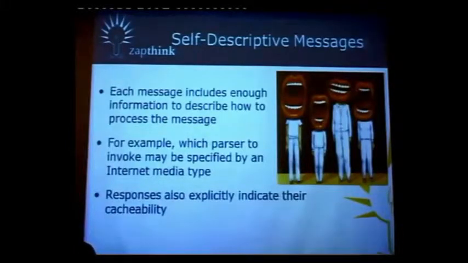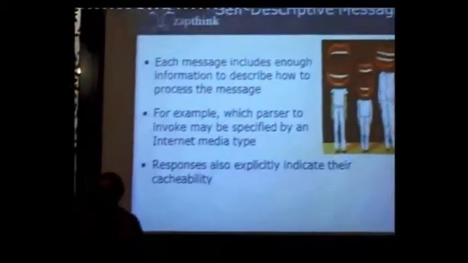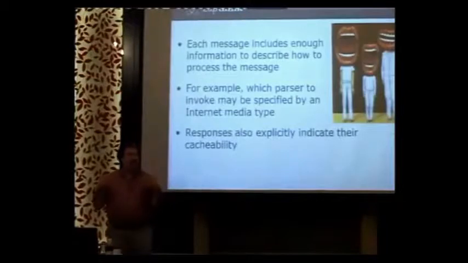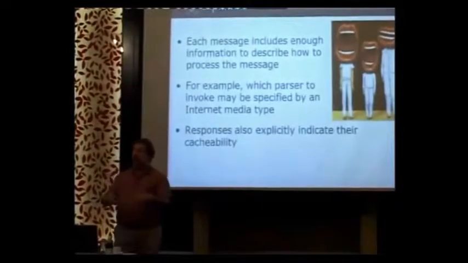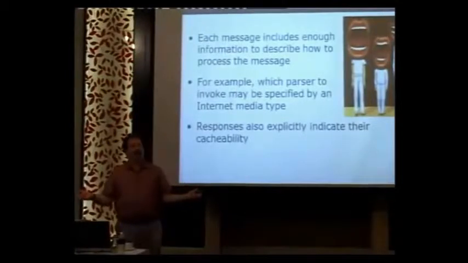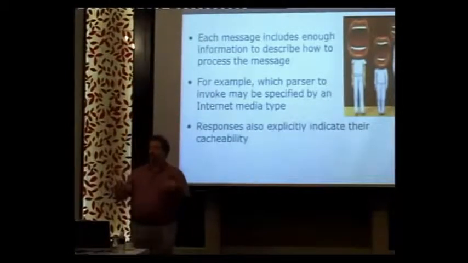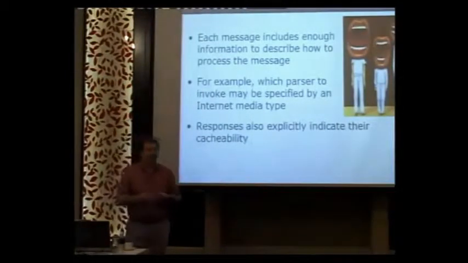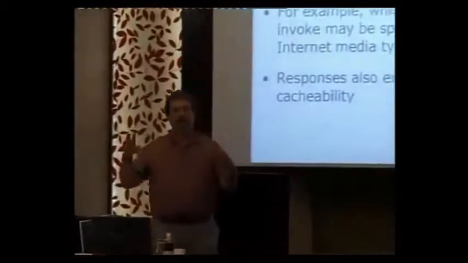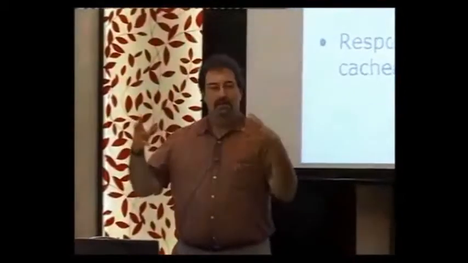It has all the metadata within the message that the client and server need to process the message. For example, if I'm a resource and I'm giving you a JSON file, I'm going to tell you, hey, this is a JSON file. Or if I'm giving you an XML file that has to conform to a schema, I'll point you to the schema so you can find it. All that information is contained in the message itself, including state information.